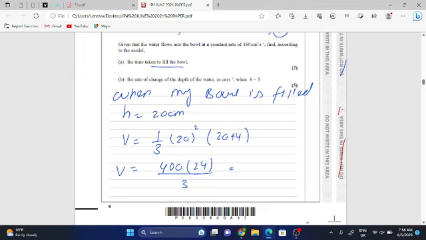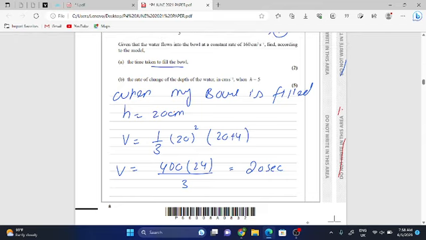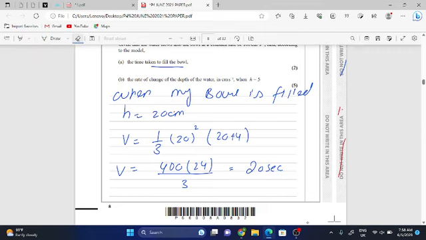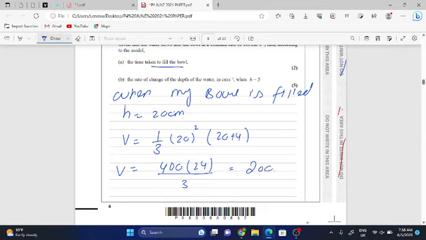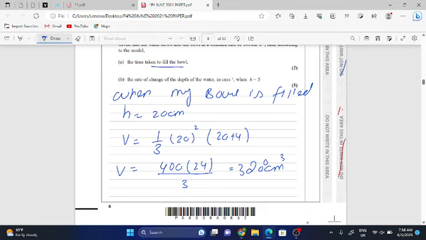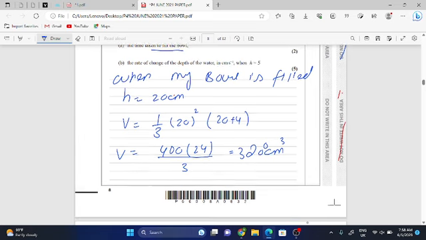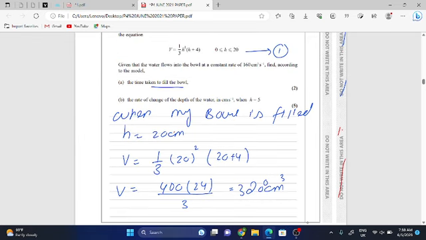The unit for this volume is centimeter cube. So that would be 3200 centimeter cube. Now I have to find the time when the bowl is filled, and the rate for this bowl is 160.